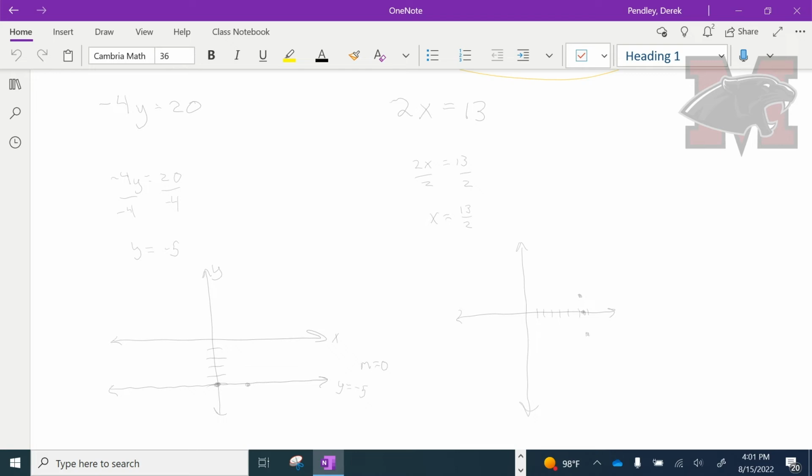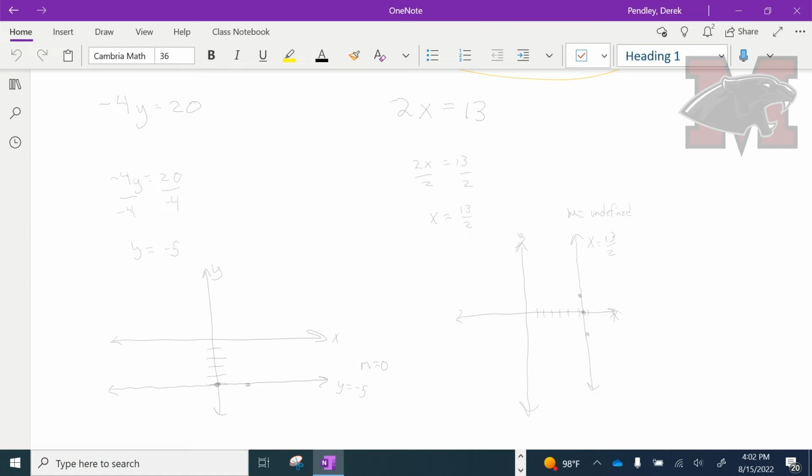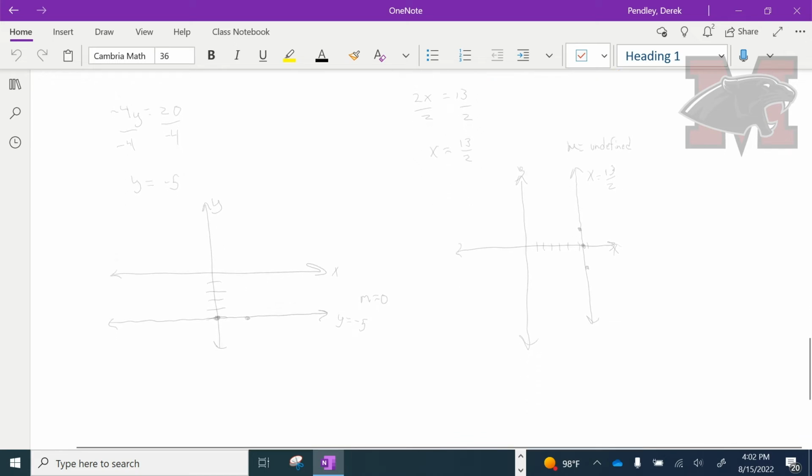So now I have a vertical line where x is equal to 13 halves. And my slope is undefined. Because remember, if I drive off in a car on that road, I'm going to be undefined. Okay, so this is a vertical line, and this is a horizontal line.